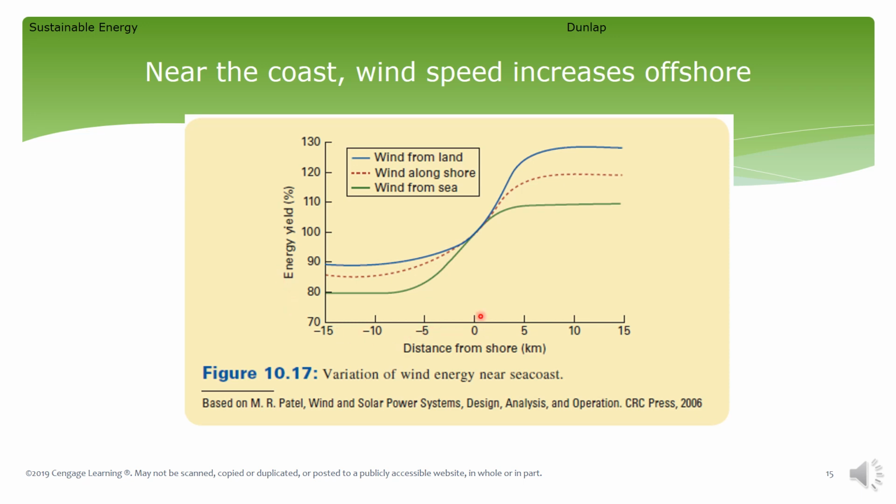When wind blows far from the land, energy yield increases, and wind from the land is more advantageous than the wind along the shore and wind from the sea for producing electricity from a wind turbine.